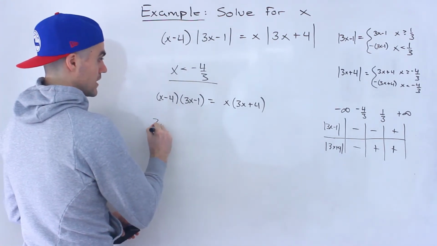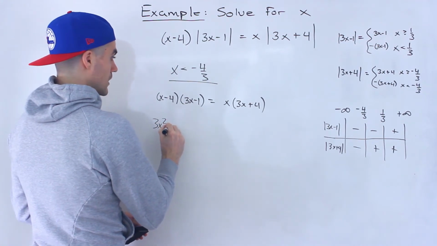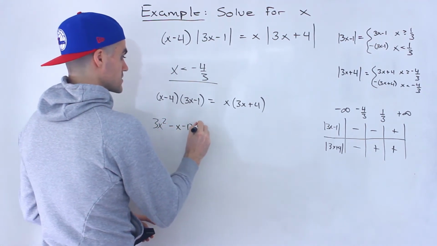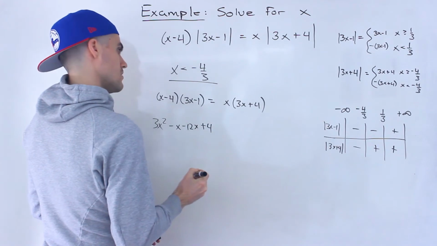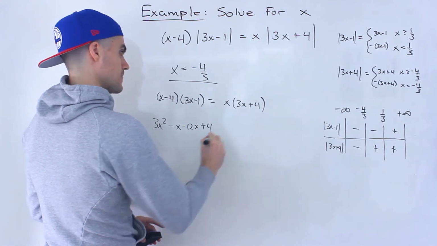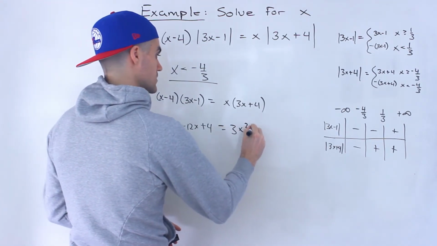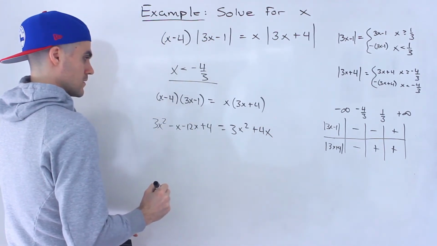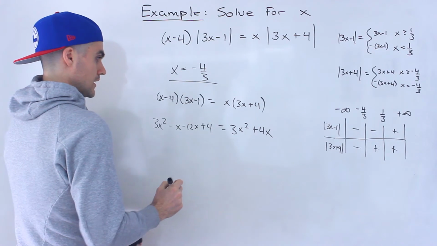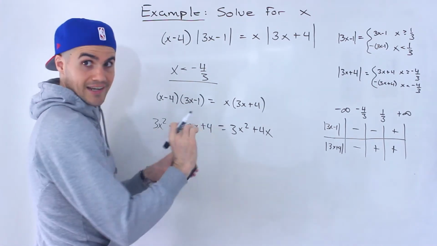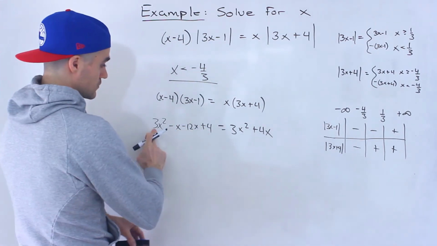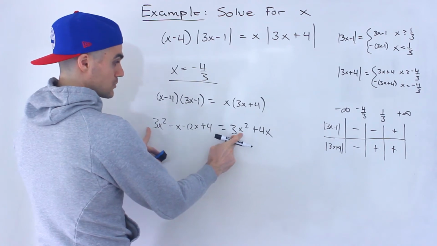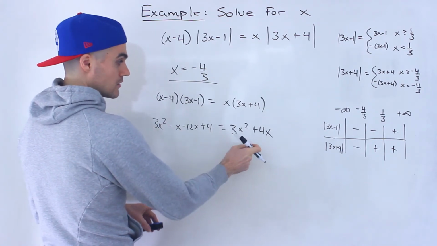So we'll have 3x squared minus x minus 12x plus 4, and then we'll have 3x squared plus 4x, like that. Notice that the 3x squared terms are actually going to net out to 0, because when we bring this over, those are the only two like terms. 3x squared minus 3x squared would be 0.